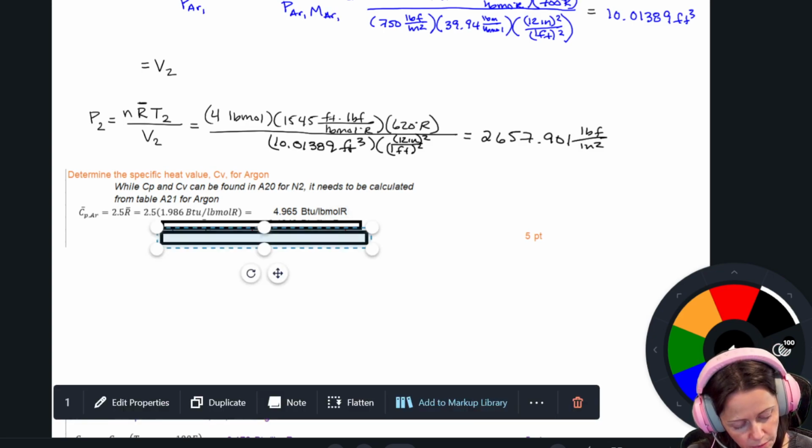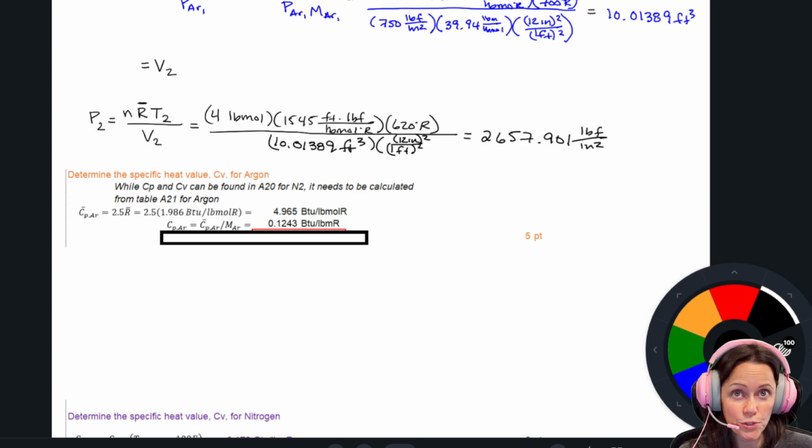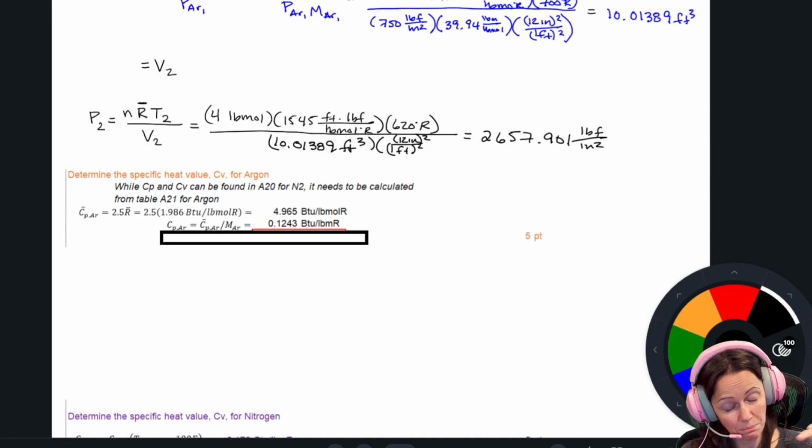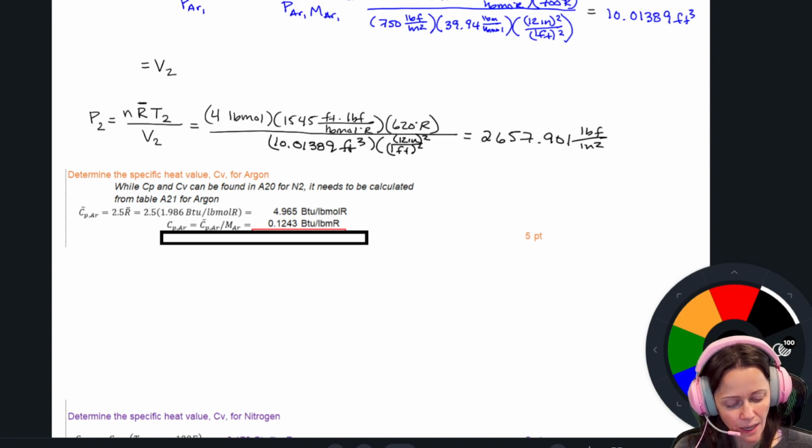And so the piece of information that you need there, well, number one, you need to get this thing in terms of pound mass as opposed to pound moles. So your magic number to go between mass and moles is your molar mass. If you divide BTU per pound mole degree Rankine by pound mass per pound mole, you're going to get BTU per pound mass degree Rankine. And then that takes care of your Cp, but you need your Cv.